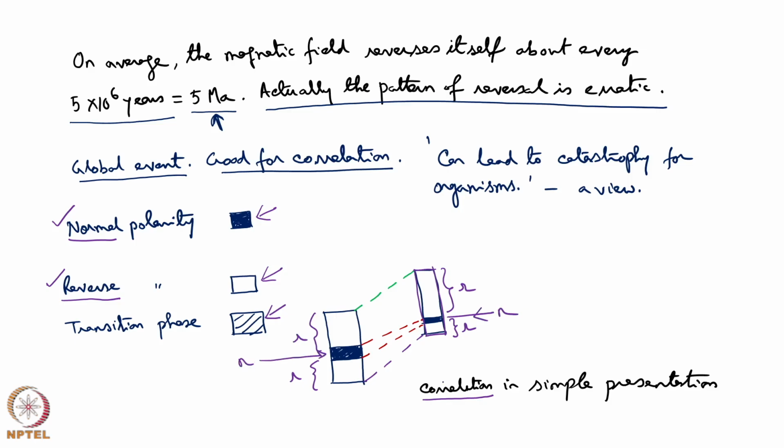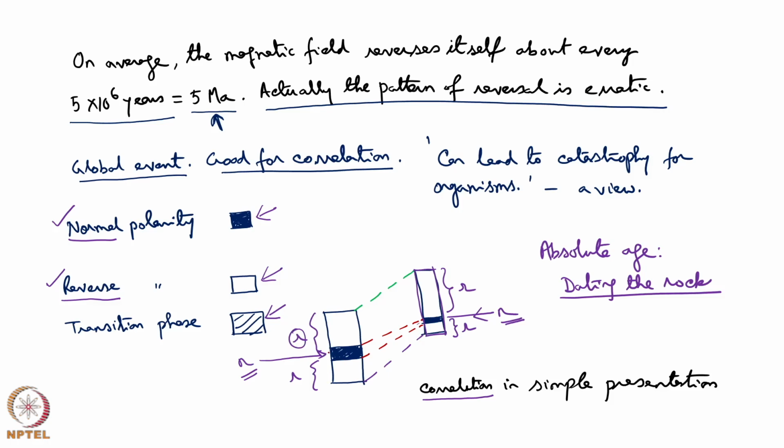If we know the absolute age by dating the rock, which I will be discussing in the chronostratigraphy in detail, then we may be able to correlate this normal polarity in the past with that normal polarity. Therefore, these red lines show the correlation, and immediately below this normal polarity, this reverse polarity may be correlated with that one, and the reverse polarity here above the normal polarity zone may be correlated with that one.